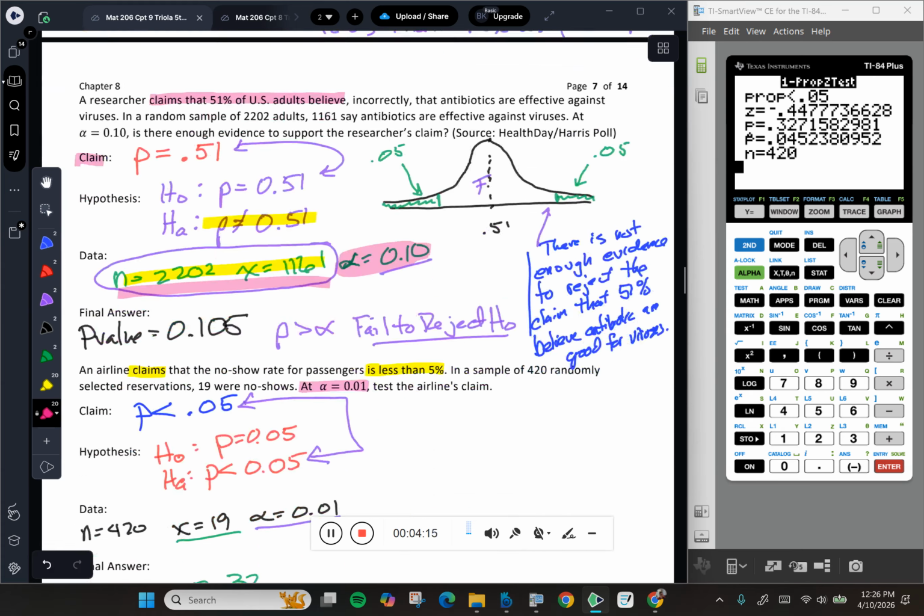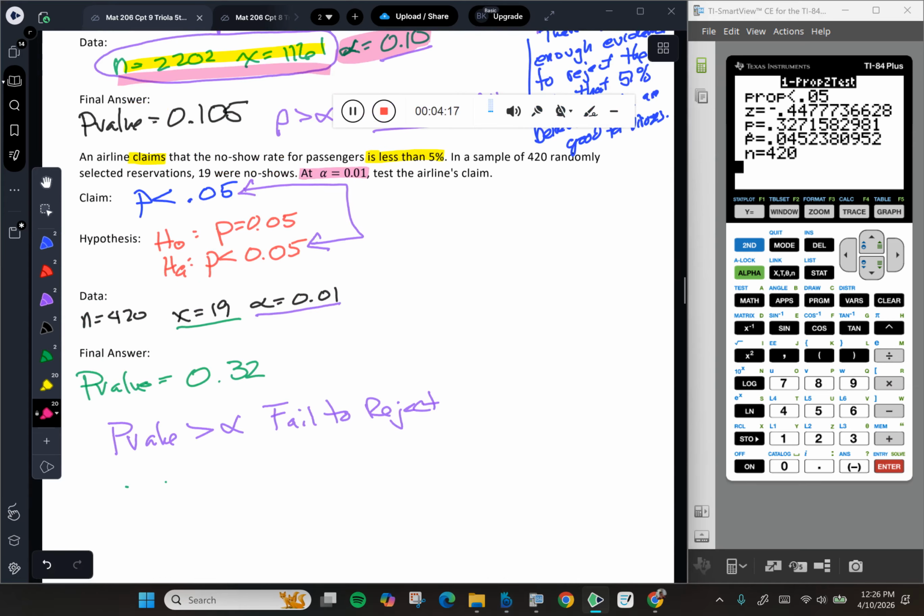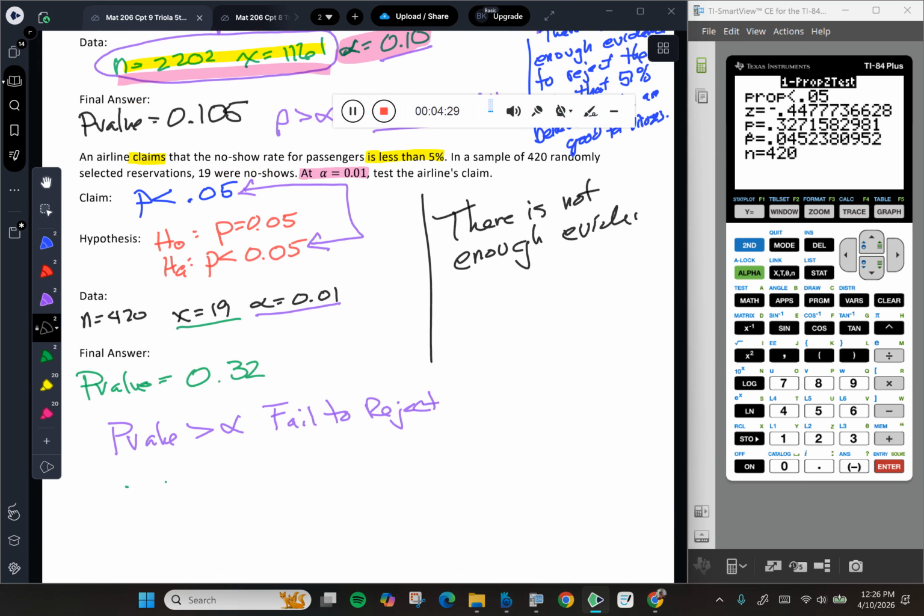To answer the question, we would say there is not enough evidence to support the claim of a less than 5% no-show rate.